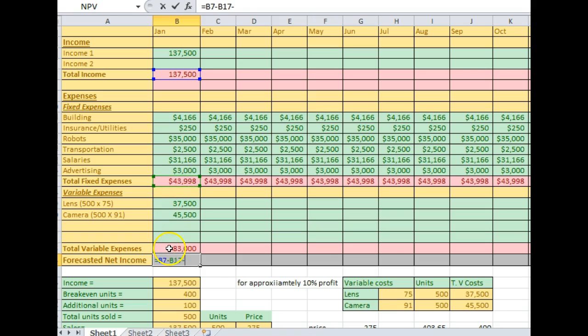And we'll hope I did it right. So I have $10,502. Does that make sense now? And then you would simply just copy those across. You should be able to.